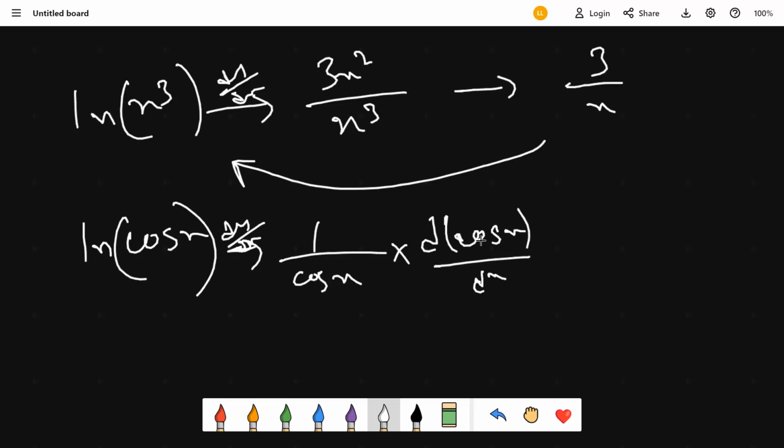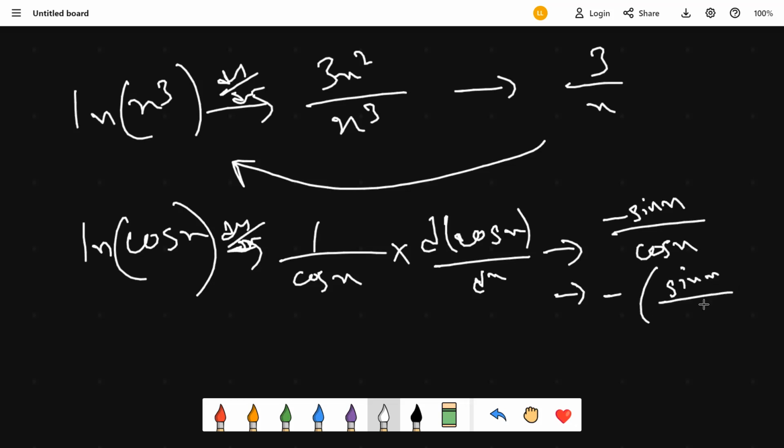What was inside? Cos x. Differentiating cos x gives us negative sin x. So negative sin x divided by cos x, bringing negative in front, having sin x by cos x. I mentioned in the last slide that sin x by cos x is tan x. So negative tan x is this, isn't it?